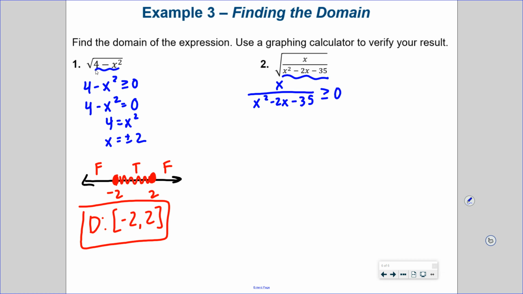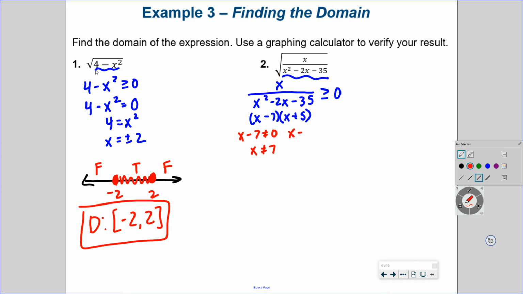Okay. So, right away, if I factor my denominator, I see some undefined values, some key numbers. X cannot be 7, and X cannot be -5.